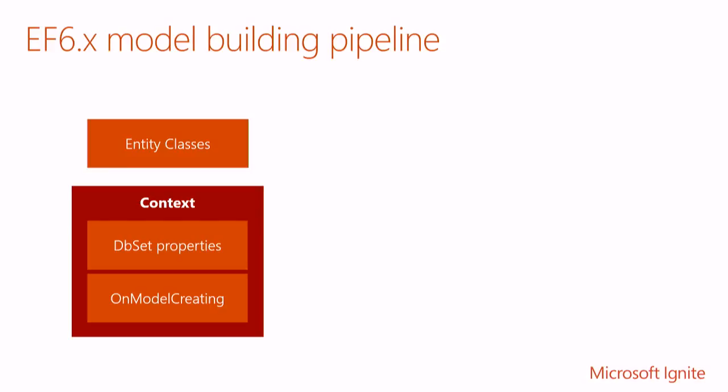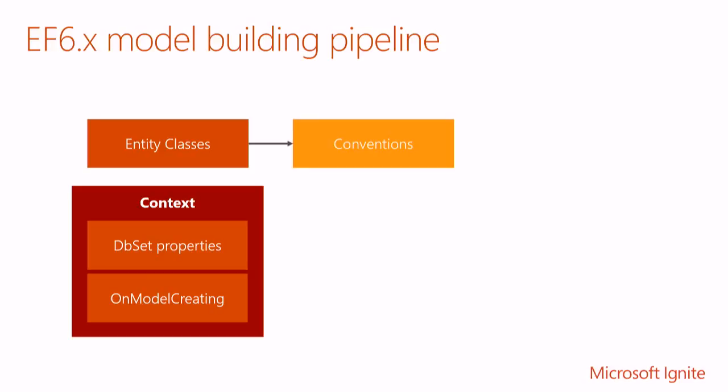So what happens behind the scenes in Entity Framework? You have entity classes. EF goes and sniffs and checks how you've defined your entity classes, and it knows, okay, this might be your foreign key, this might be your primary key, and it creates a bunch of conventions.